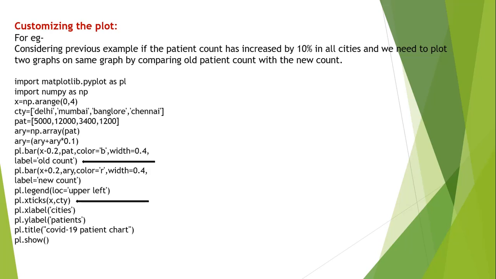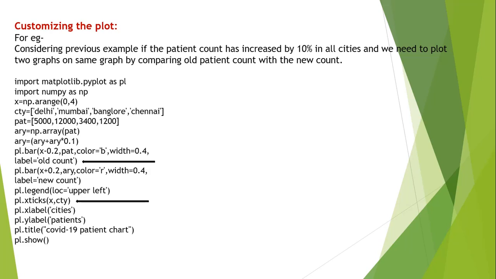What we want the markings to be is Delhi, Mumbai, Bangalore and Chennai. So what we need to do? We need to replace this x by these values of cty. That's why we are writing x comma cty. That means whatever the things are there in x has to be replaced by cty. So whatever the things are there in x, like 0 1 2 3, will be respectively changed with the help of cty.